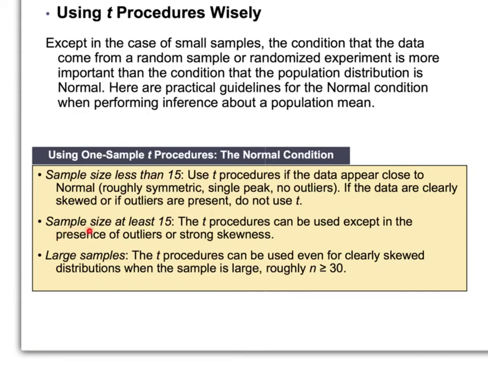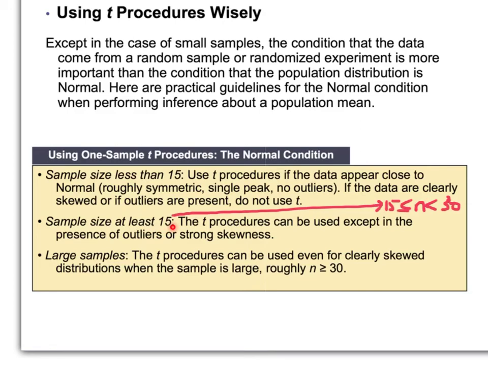The middle case, okay, if we have sample size of at least 15, and when they say at least 15, what they really mean here is between 15 and 30. So we already know what happens when we have 30. So if our sample size is bigger than 15 but smaller than 30, we can use t-procedures except in the presence of outliers or strong skewness.